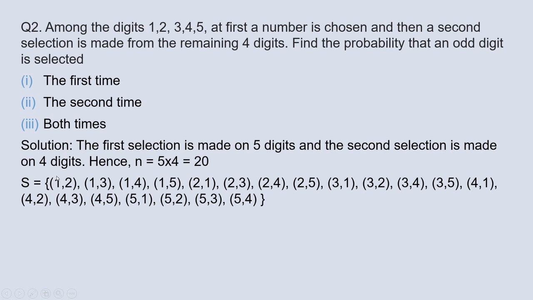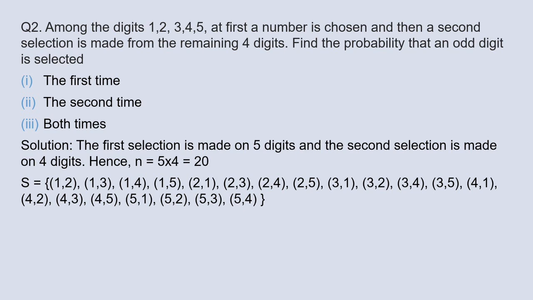First selection 1, then 1 is gone, so second selection will be for each of these 4 digits. 1, 2, first selection gives 1 and second gives 3, 1, 4, 1, 5, then 2, 1, 2, 3, 2, 4, 2, 5, and so on. So this will be the 20 possible outcomes. So n is equal to 20.